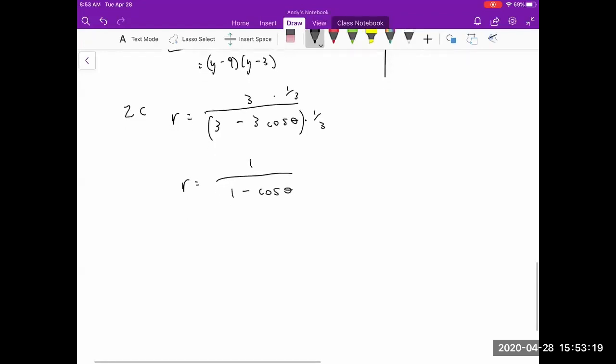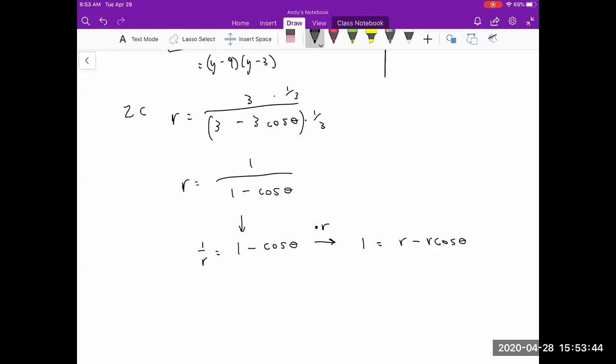So if we reciprocate both sides here, we get 1 over r is equal to 1 minus cosine theta. And then if we multiply both sides by r, we get 1 over r times r is just 1 equals r times 1 is r minus r cosine theta. So we end up getting this if we multiply both sides by r.